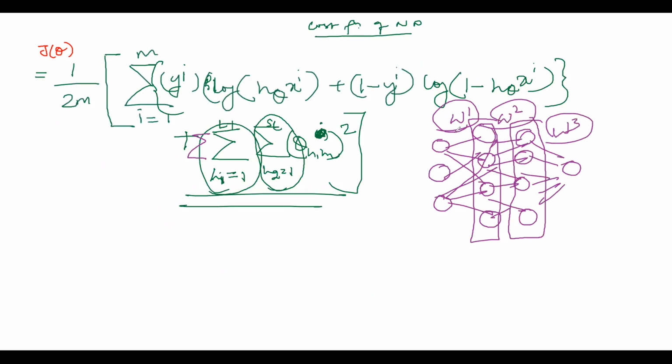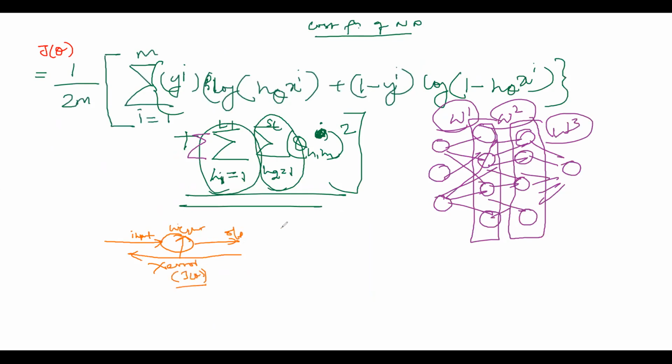Now try to understand why I'm doing this. In my logistic regression, my input was coming, I had the weights, then my output came, and I tried to reduce and minimize the error, updating the weights and calculating my J theta.